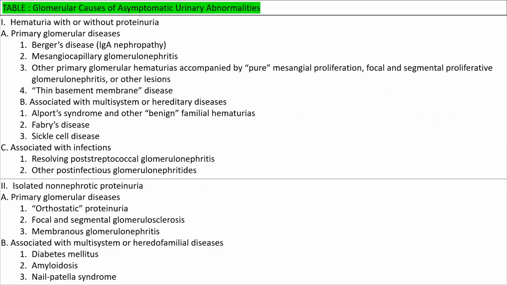And now let us discuss the tabular form. Ma'am, please show the asymptomatic bacteriuria once again. Okay, okay.